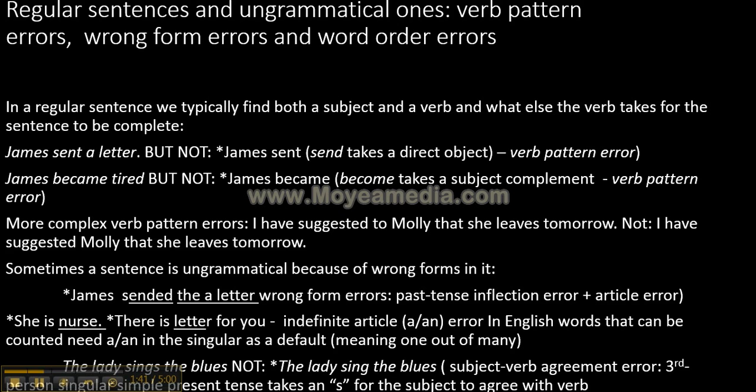There are exceptions here that we might revert to later, but suffice for now that in the default case you need a and an in the singular if you have a countable noun. Now that can be counted, such as nurse, one nurse, two nurses, and so forth, one letter, two letters, and so forth.